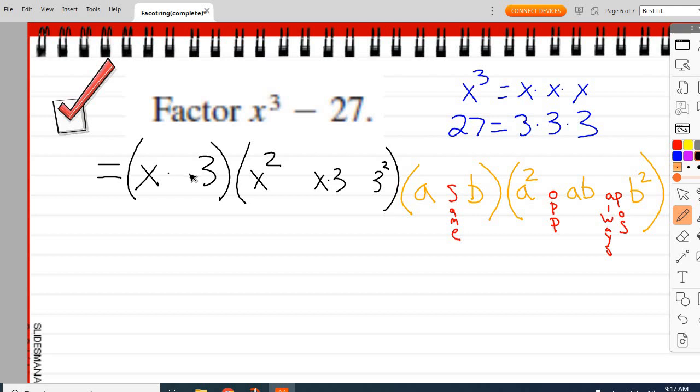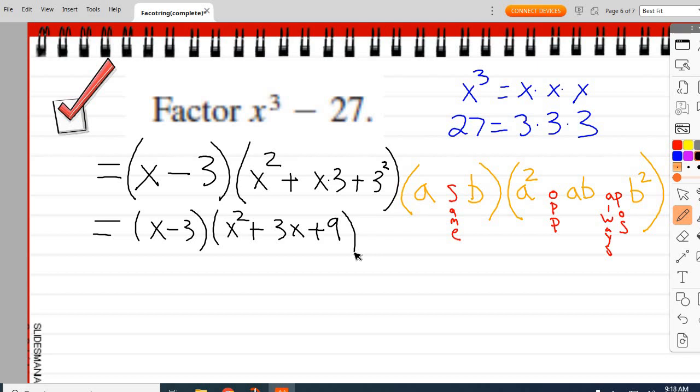And again, it's the same sign as my original, the opposite sign of my original, and always positive. Then we just want to clean it up a bit. So I have X squared plus, I'm going to rewrite this as 3X, and then simplify to give me a 9.